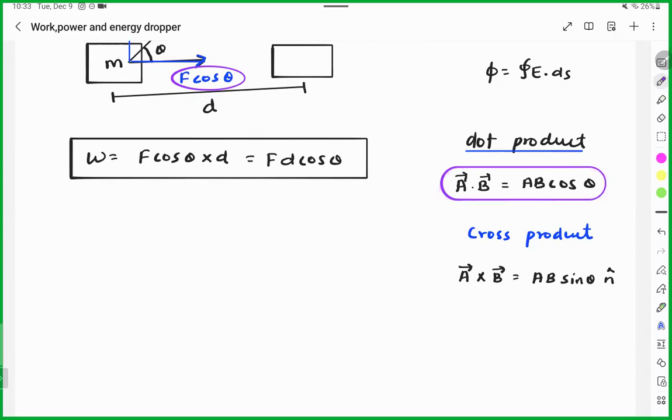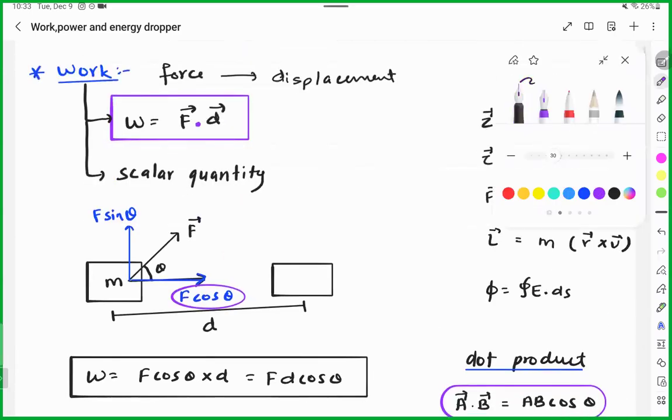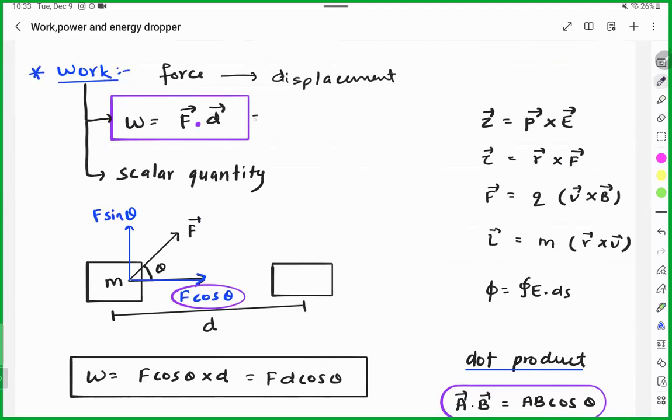But here, because we have this in the form of a vector quantity, that's why unit vector tells you about the direction. Correct. Even from here, you can easily tell because this is the dot product, so it will be FD cos theta.